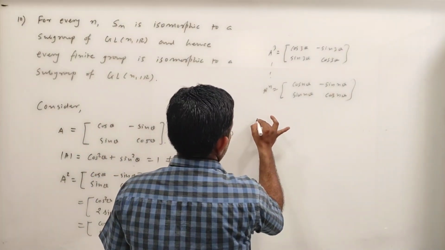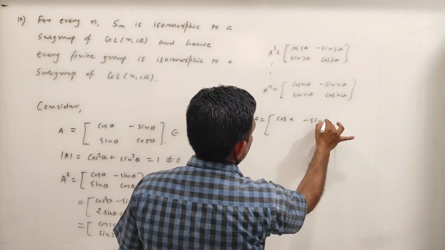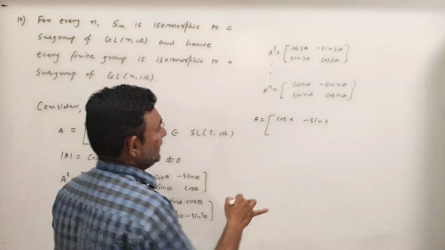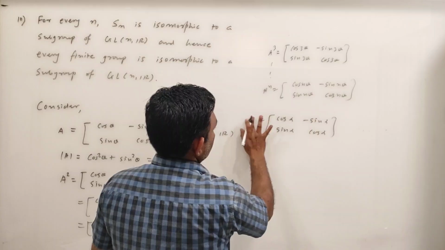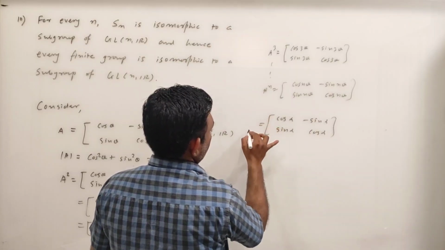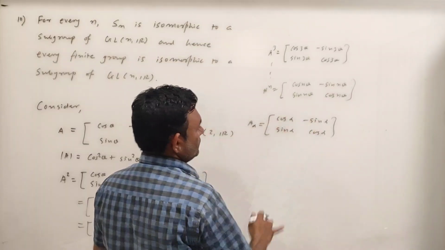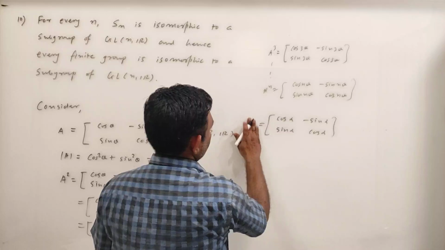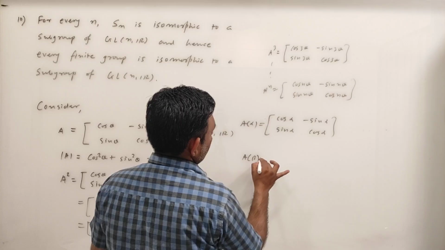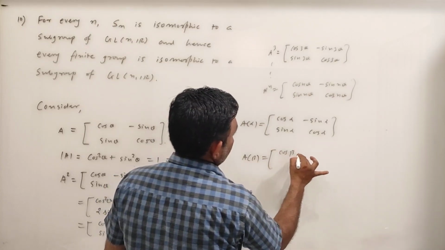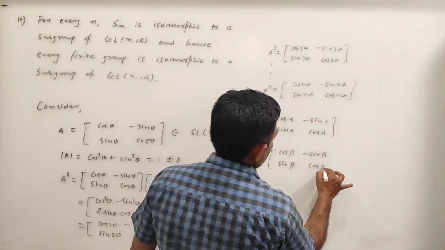In general, consider the matrix A alpha equal to cos alpha, minus sin alpha, sin alpha, cos alpha, using the angle alpha instead of theta. And consider A beta, which is cos beta, minus sin beta, sin beta, cos beta.